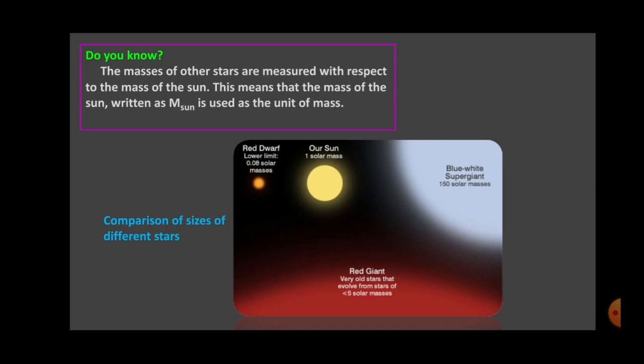That means it has 150 times the mass compared to the sun. And below you can see the red giant star, which is a very old star, and it has evolved from stars of less than 5 solar masses. So you can see that the stars are of different sizes, and the unit of mass is the mass of the sun, represented as capital M sun, and it is used to compare the mass of the other stars.